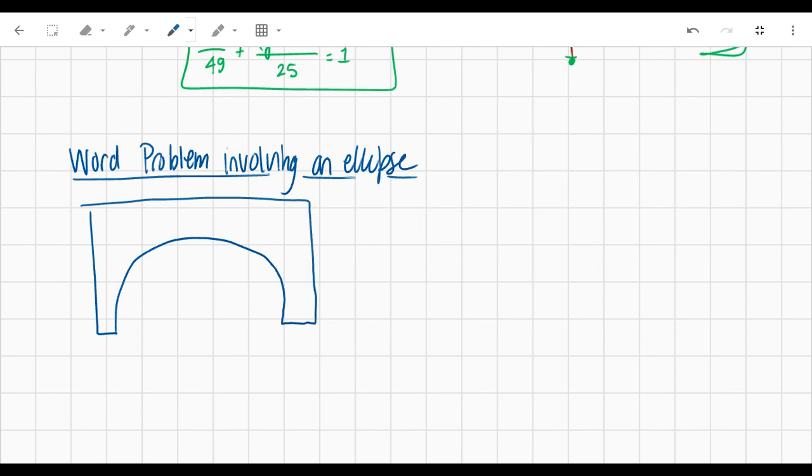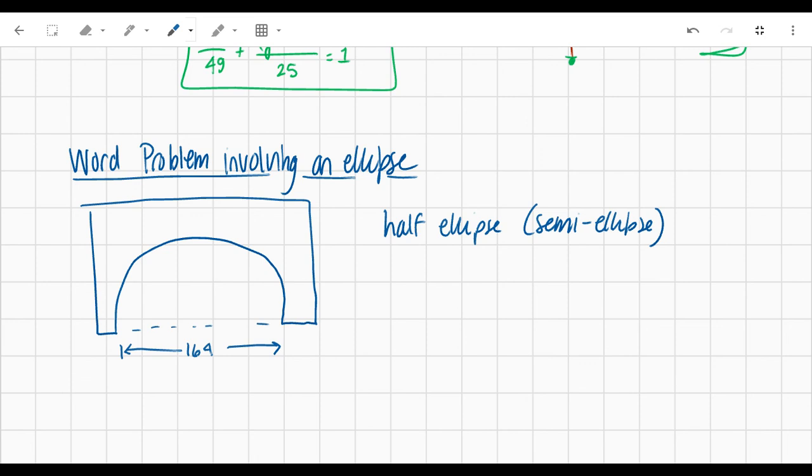They say we've got an arch of a bridge that is half an ellipse, or a semi-ellipse. They tell you the arch is 164 meters long and has a height of 52 meters. So from the ground here is 52 meters.